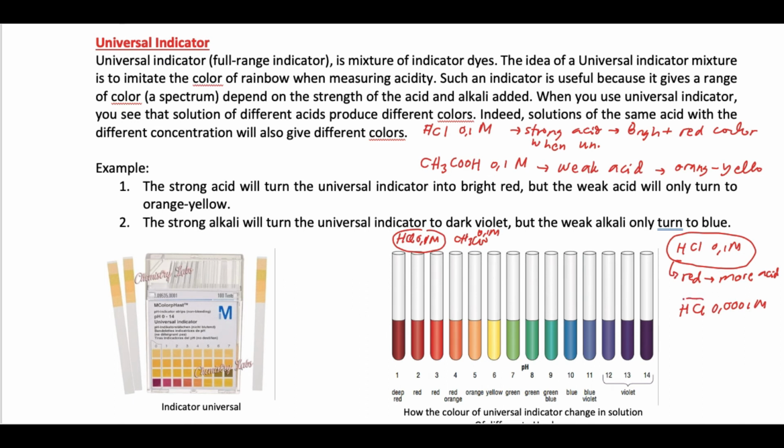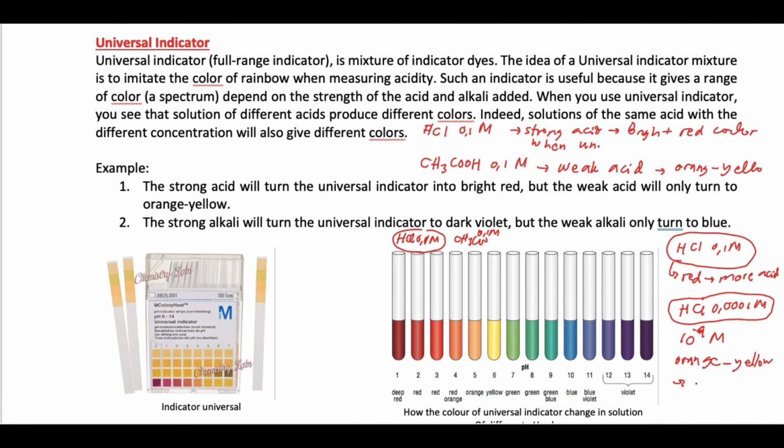But the hydrochloric acid with a concentration of 1 times 10 to the power of minus 4 is a lower concentration than this hydrochloric acid. So it will give an orange and yellow color.